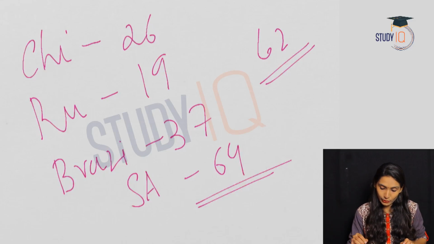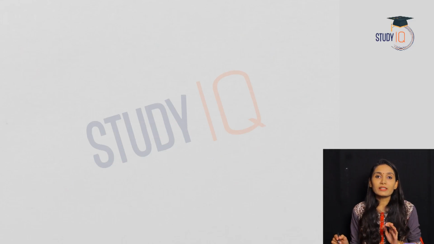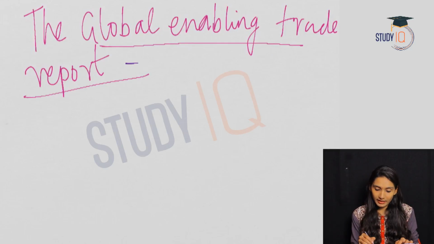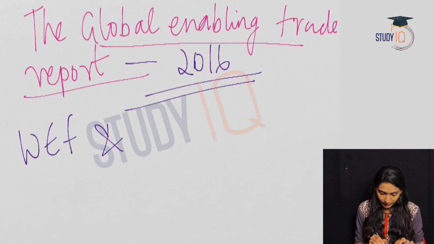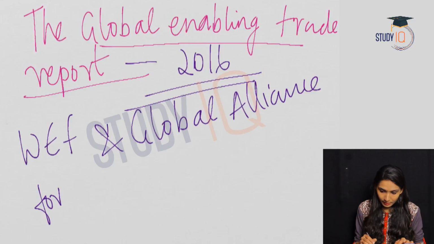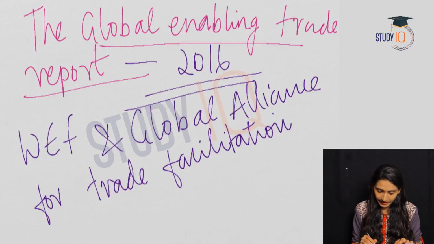Now coming to the last report, that is the Global Enabling Trade Report. This was published in the year 2016. It is co-published by the World Economic Forum and the Global Alliance for Trade Facilitation.